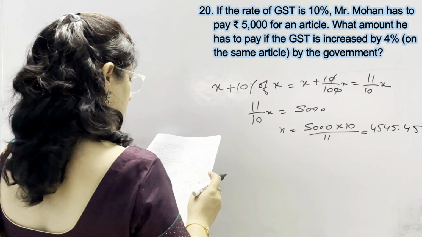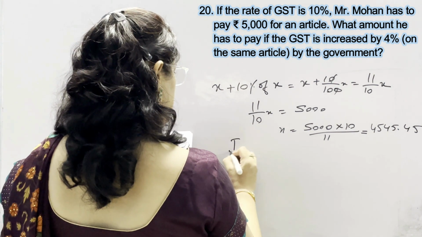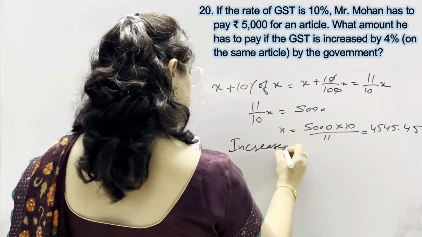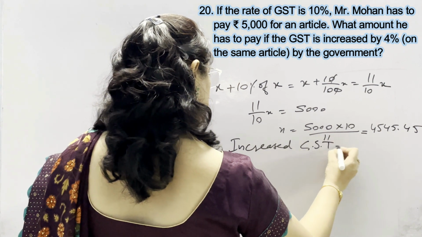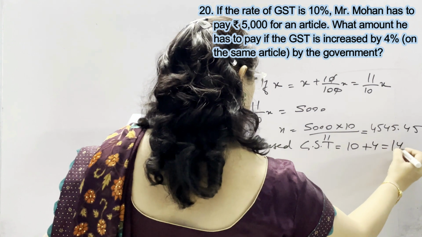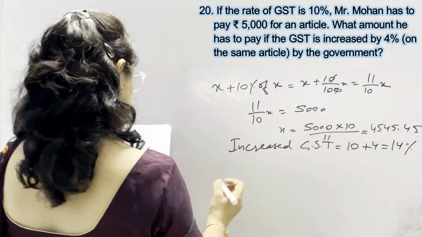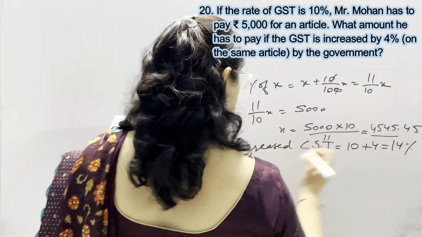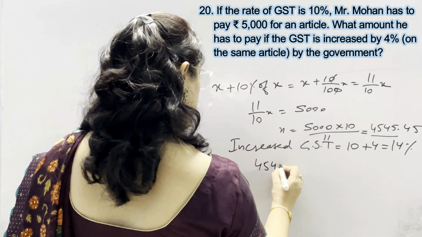Its value is 4545.45. Now increased GST. Now in second case, increased GST is 10% initially and then 4. It means 14% is the total GST rate now and approximate value is rupees 4545.